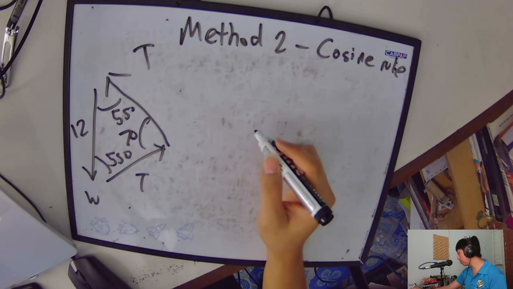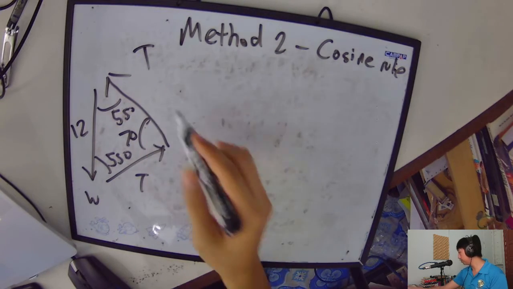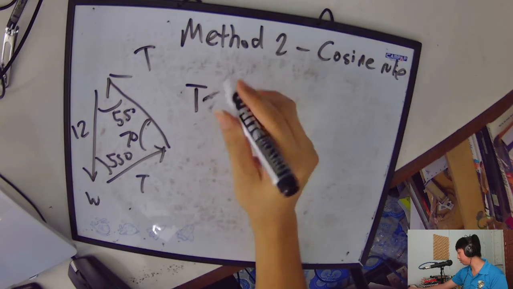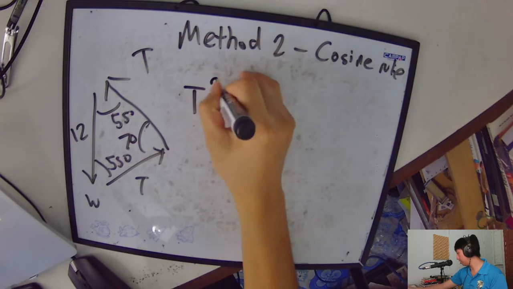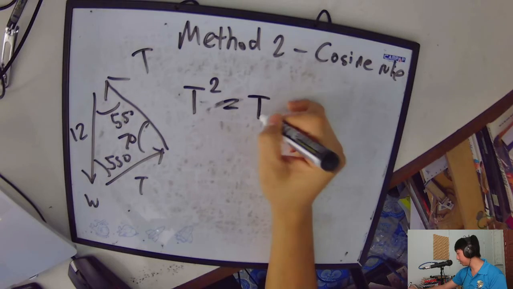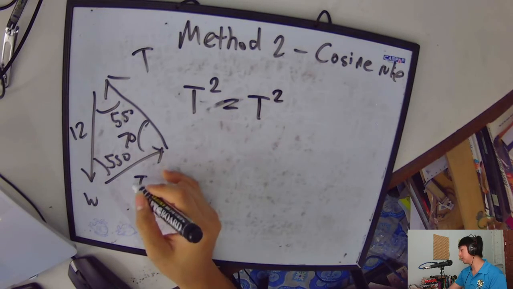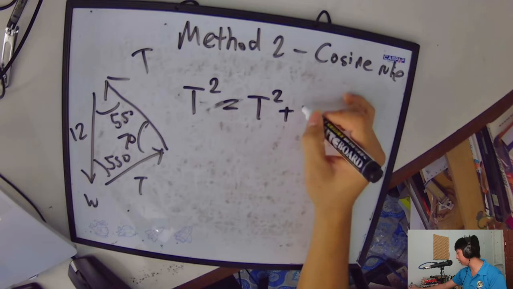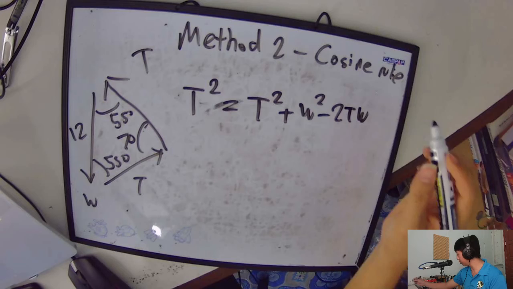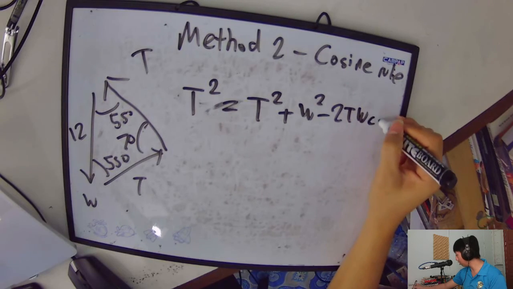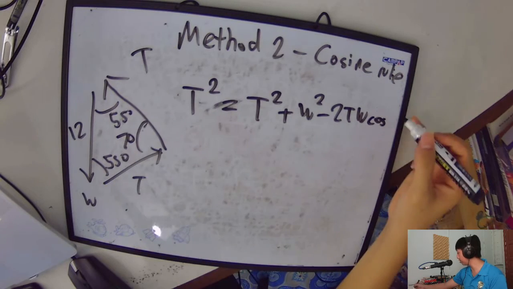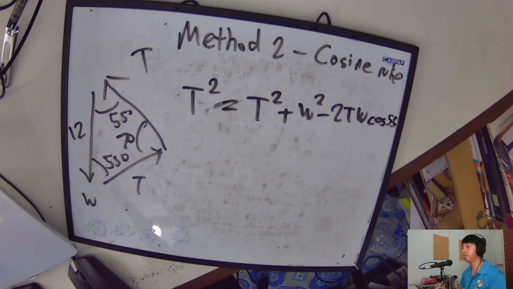I wanted to find T. So T square equals, so I assume that the other T is on this side, and then we have W. So T square plus W square minus 2TW cos, and the angle that's opposite to T is 55. So 55.